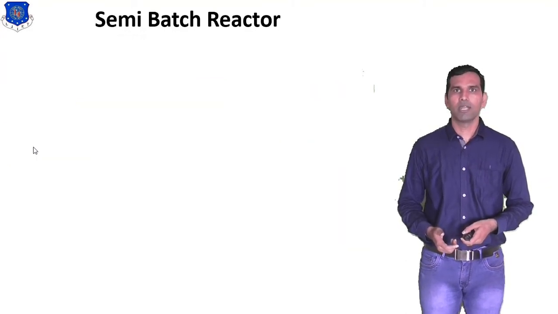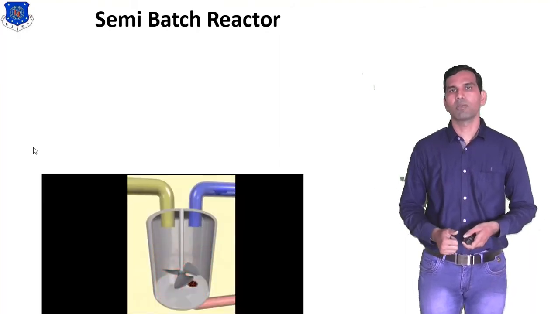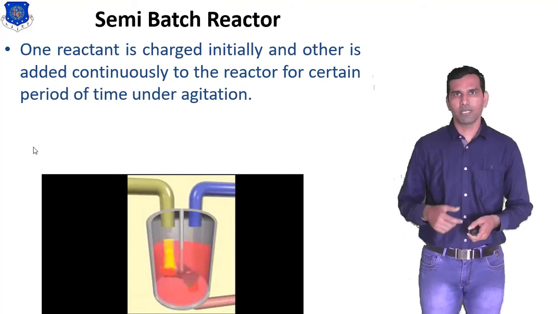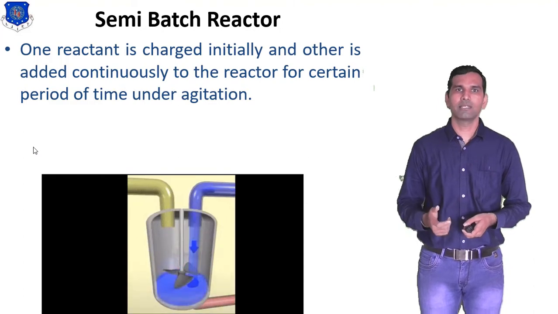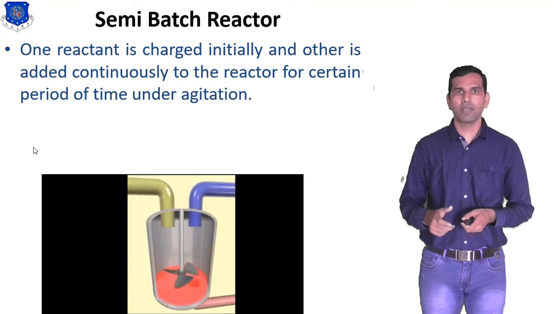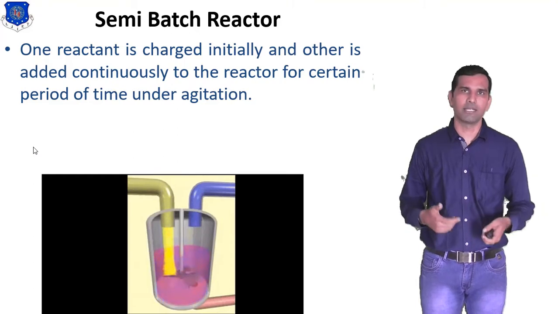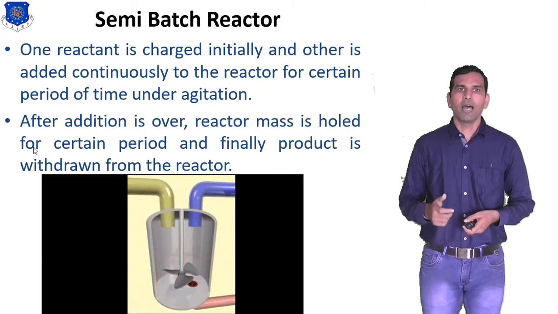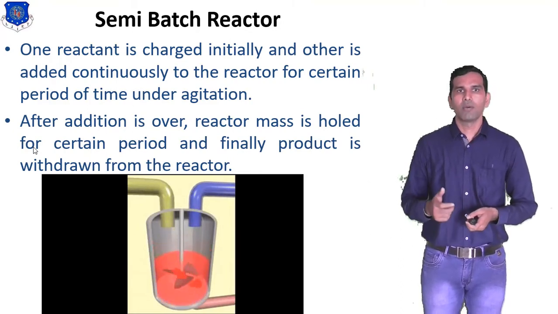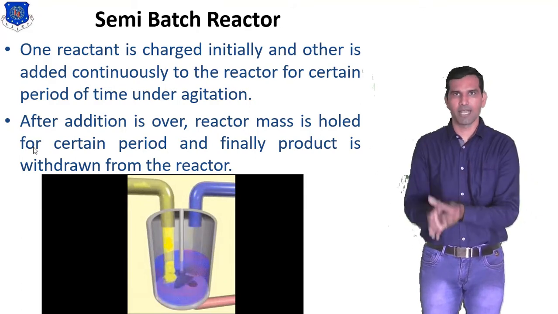Next we discuss the semi-batch reactor. This is the diagram of a semi-batch reactor. In this reactor, one reactant is charged initially and the other is added continuously to react for a certain period of time under agitation. After addition is over, the reactor mass is held for a certain period and finally the product is withdrawn from the reactor.